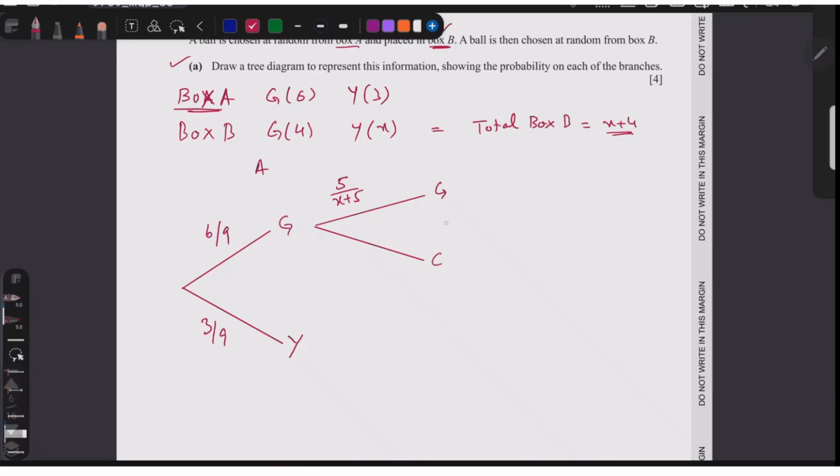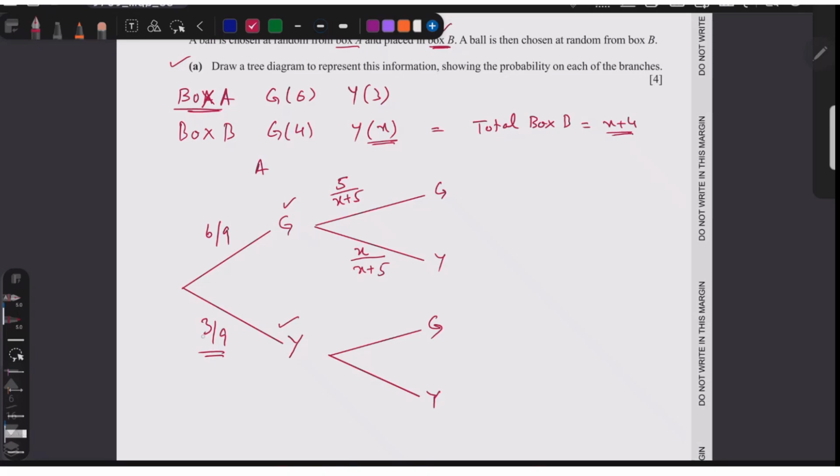If it is not green, then it would be yellow. In box B we have X yellow balls, and here a green ball has been picked, not yellow, so the yellow count will be X, but the overall total is X plus 5. If the first ball is not green, then it would be yellow, so the probability is 3 out of 9.